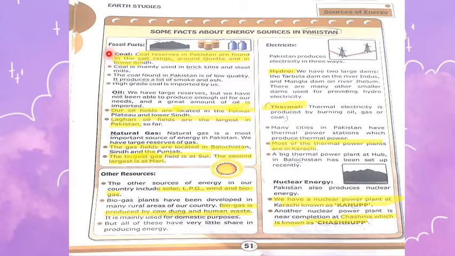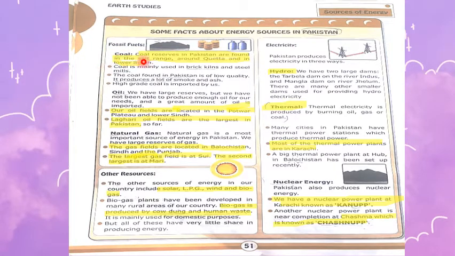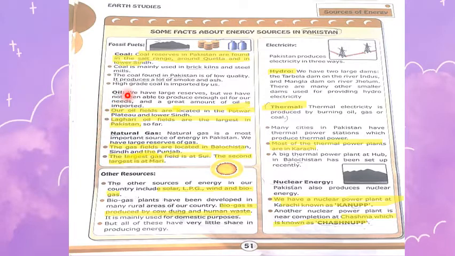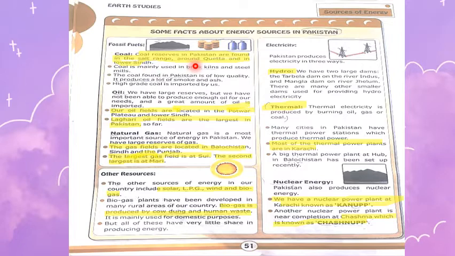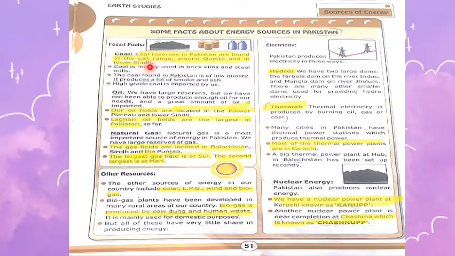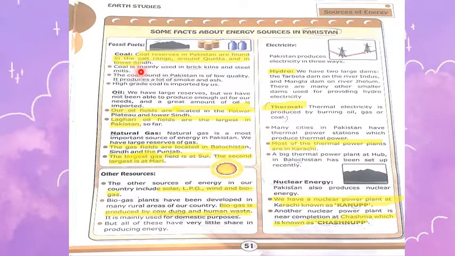If we talk about the fossil fuels that include coal, oil and natural gas, and so if we see the sources of energy in Pakistan, coal reserves are usually found in the Salt Range around Quetta and in Lower Sindh.